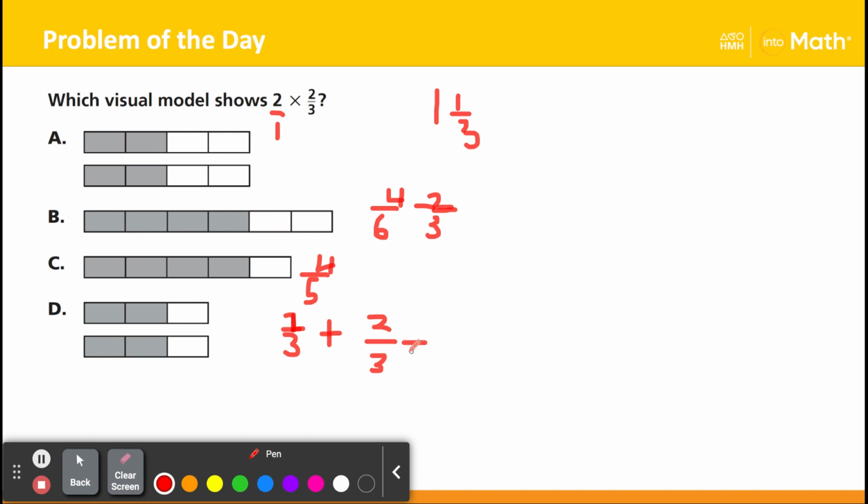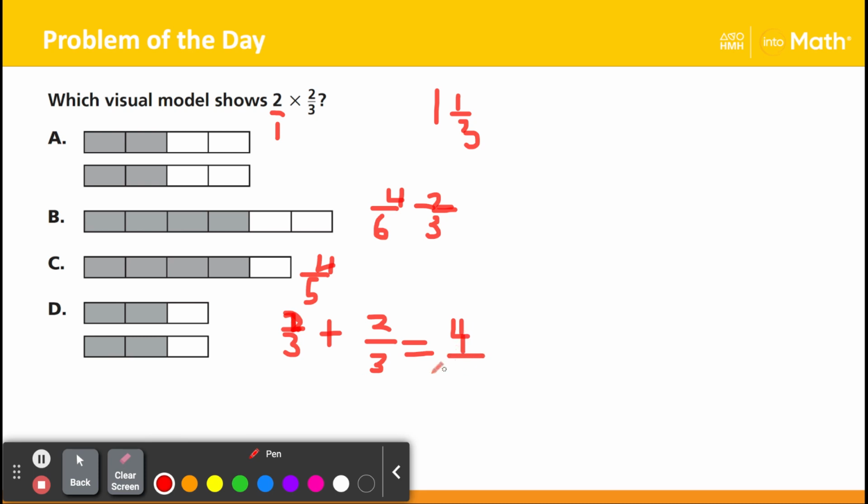So I add 2. That's a 2. That's a 2, guys. 2 plus 2 is 4. And then when we're adding fractions, remember, you got to keep the 3.